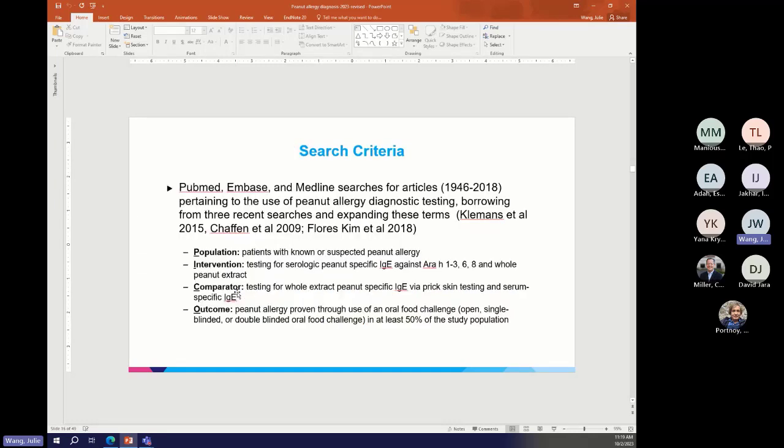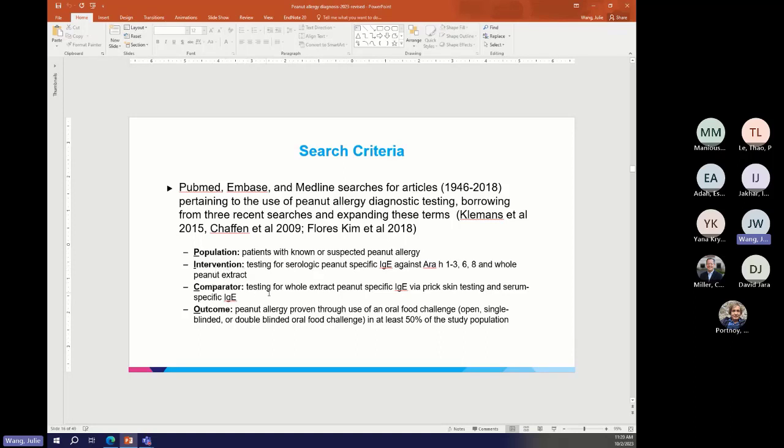Once those questions were established, these were the search criteria. PubMed, Embase, and Medline searches were conducted for articles published between 1946 and 2018 related to peanut allergy diagnostic testing. We compared patients with known or suspected peanut allergy, and the intervention would be testing.